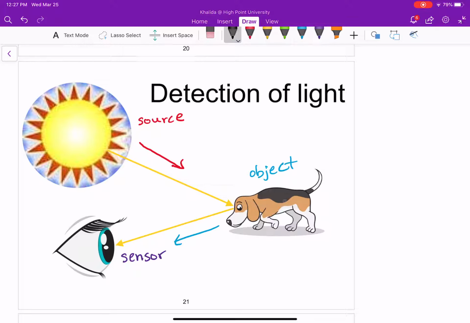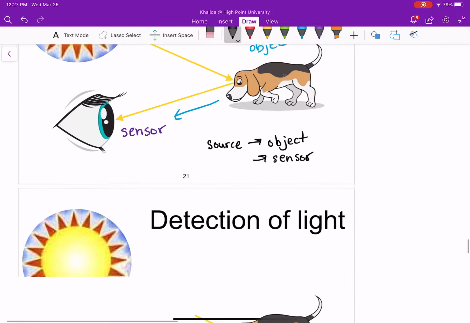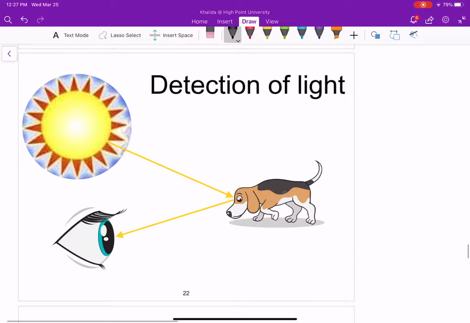So the very basic picture of optics, the basic phenomenon that we're going to look at, is light that goes from a source to an object to some sort of sensor. Now, of course, in reality, the situation is a lot more complicated.